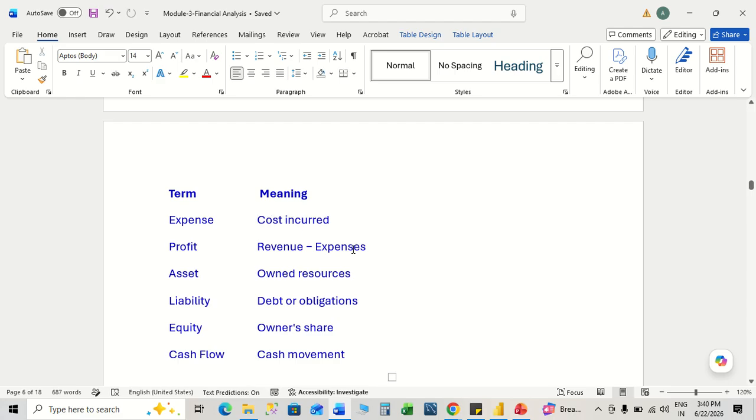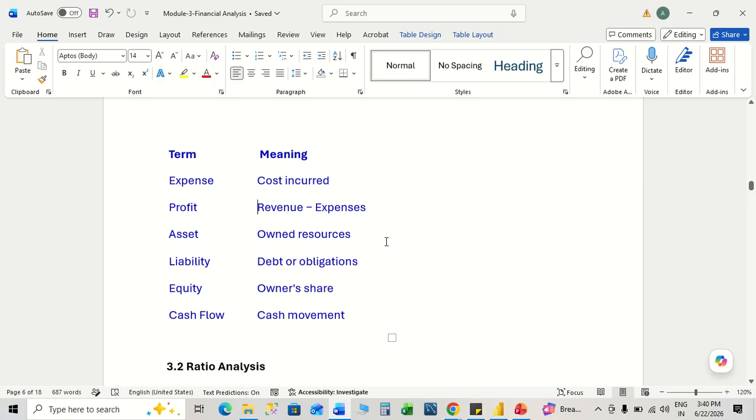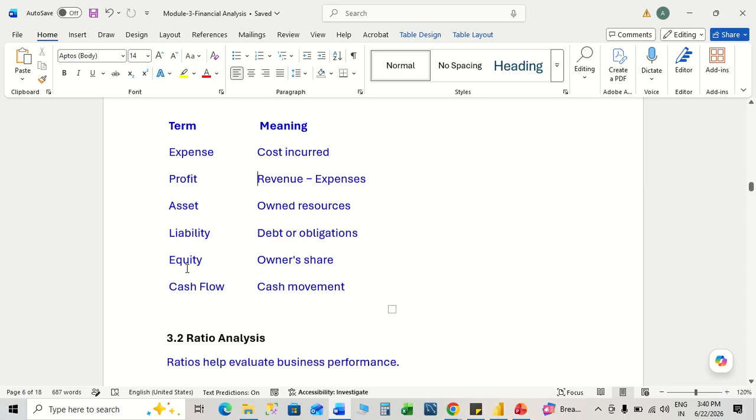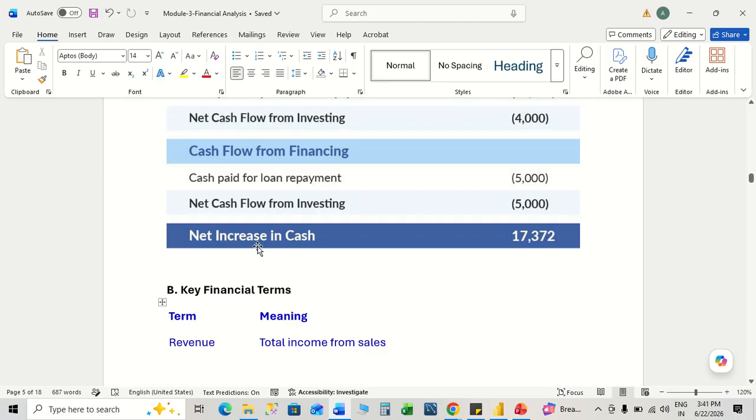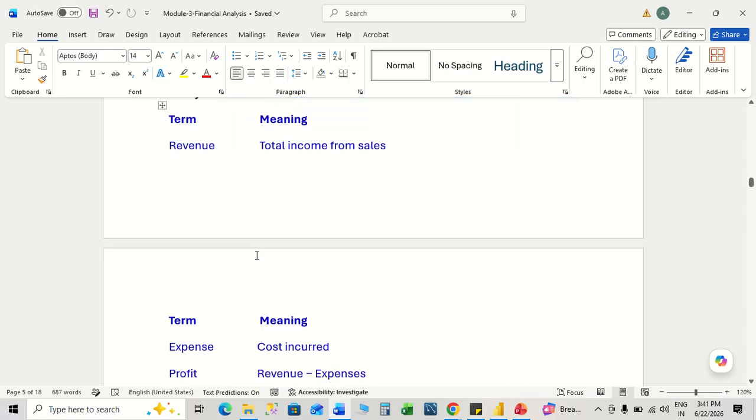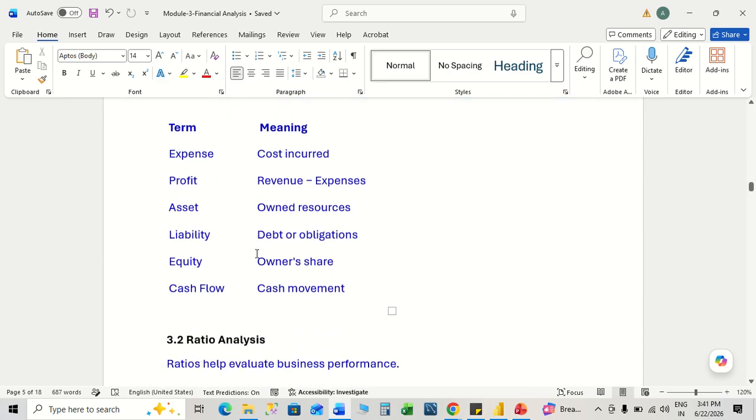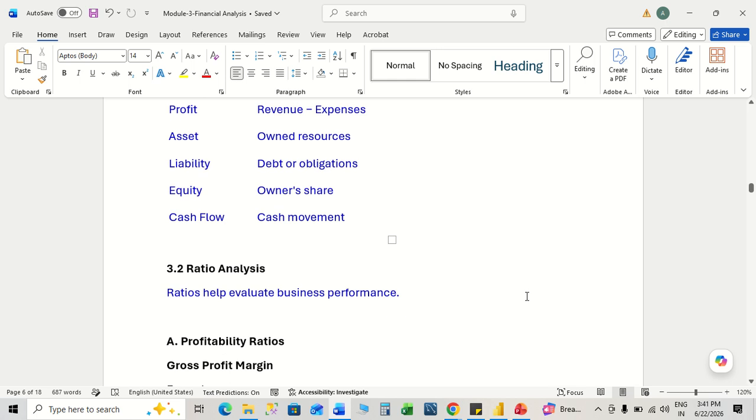Profit: revenue minus expense. Asset: owner's resource. Liabilities: debt or obligation. Equity: owner's share. Cash flow: cash movement, either in or out. We already discussed these in the above topics: revenue, expense, profit, asset, liabilities, equity, and cash flow.